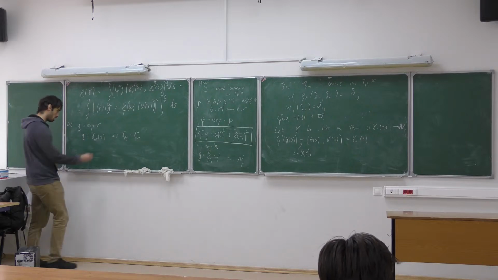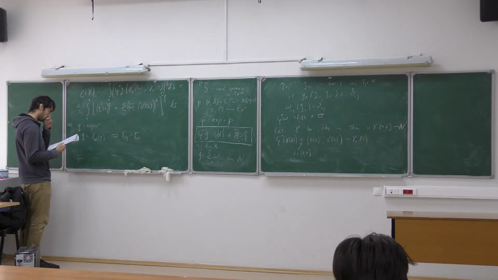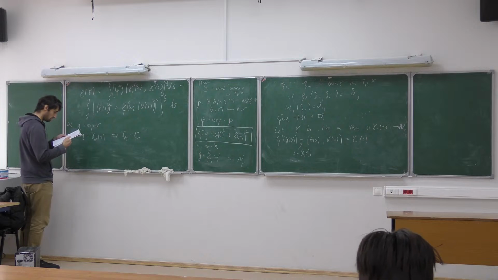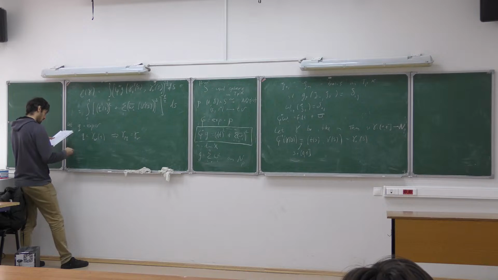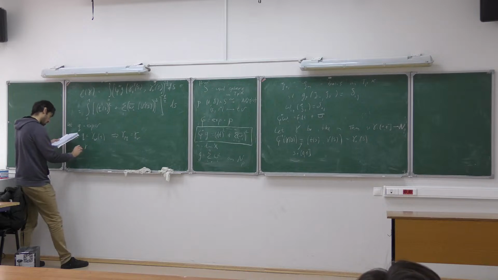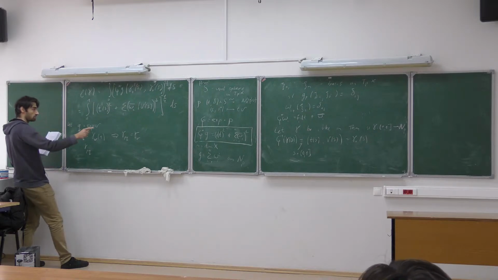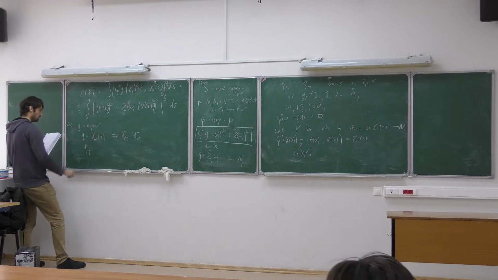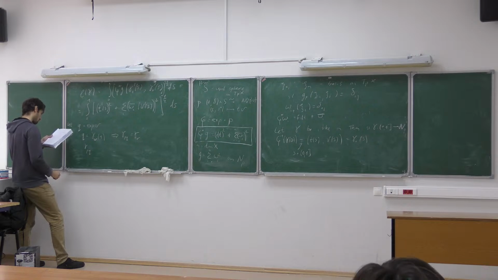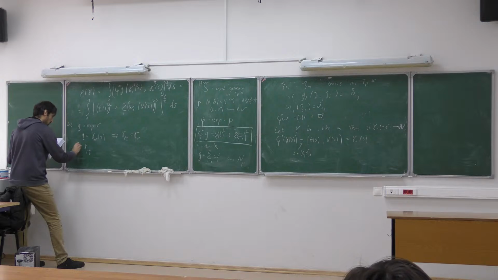All right, now what else? Let me take gamma PQ. So I'm computing T of gamma 0 of S when my gamma is gamma PQ. That's what I'm doing right now. So let me take gamma PQ and consider X inverse.